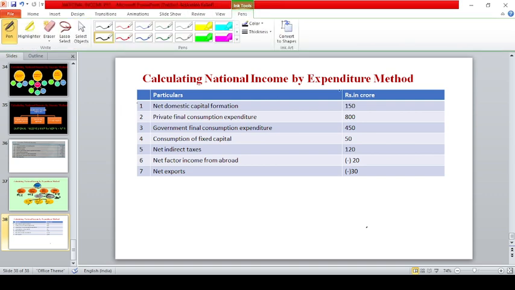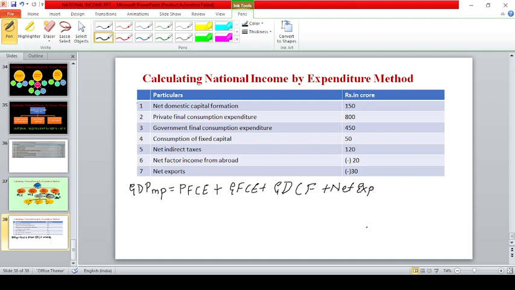Now let us move ahead and understand by calculating national income by expenditure method. As I explained, in order to calculate national income by expenditure method, the very first thing you have to calculate is GDP at market price. The components were private final consumption expenditure plus government final consumption expenditure plus gross domestic capital formation plus net exports.